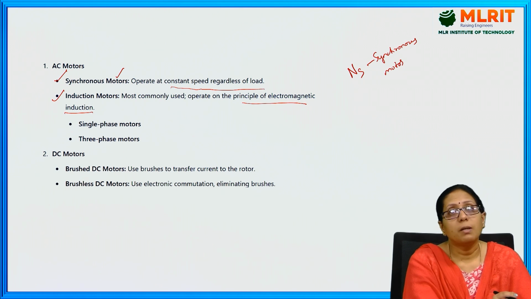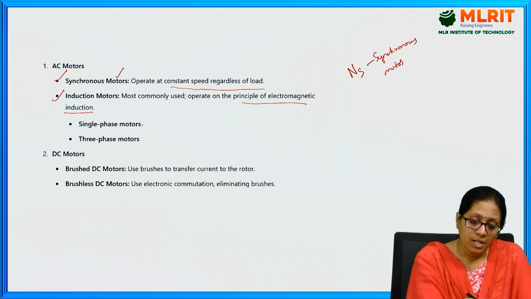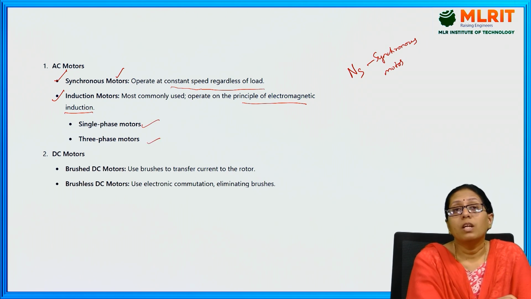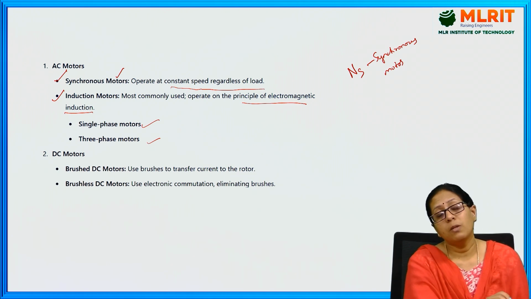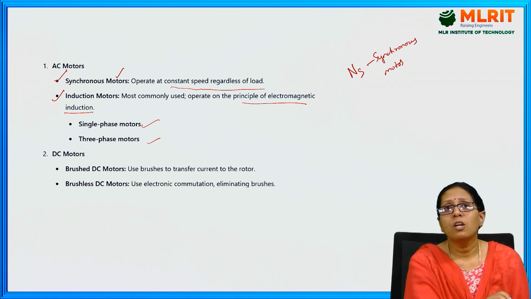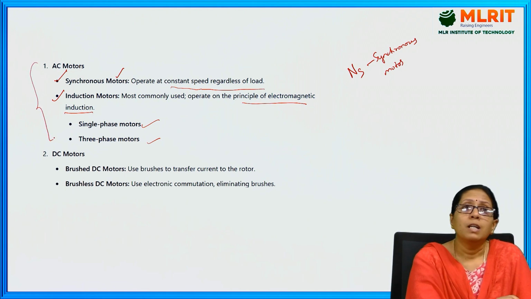Here you have single phase motors as well as three phase motors. If the input supply given to the motor is single phase, we call it a single phase motor. If the input supply given to the AC motor is three phase, we call it a three phase motor. So these are the different types of AC motors.